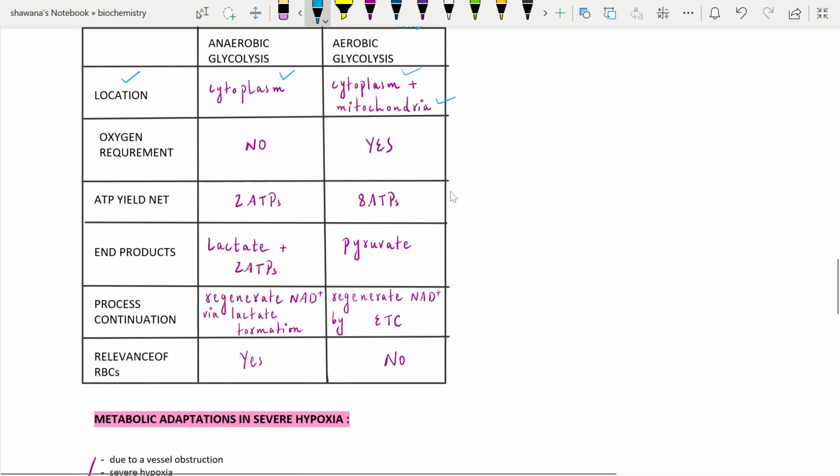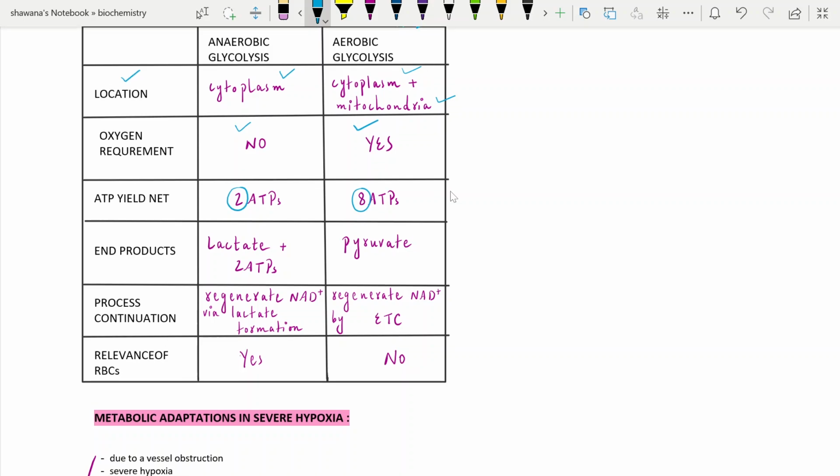Oxygen requirement: yes, aerobic glycolysis will have oxygen, but anaerobic will be independent of oxygen. ATP yield: as I've told you, 2 ATPs are produced in anaerobic glycolysis and 8 ATPs are produced in aerobic glycolysis, including the ATPs obtained from oxidative phosphorylation.